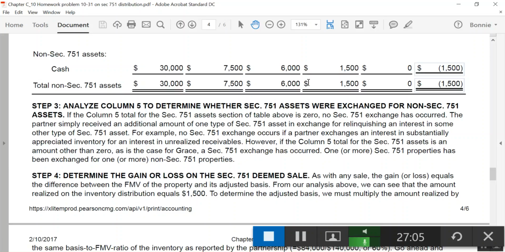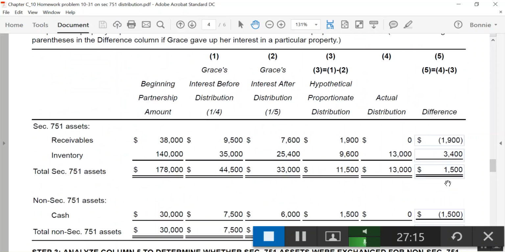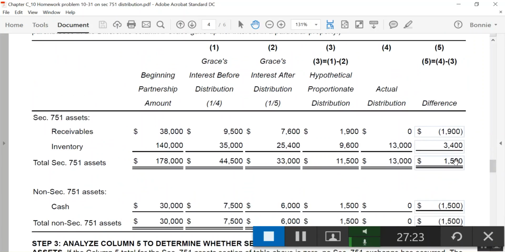And if column 5 in the total for the 751 asset section above is 0, so if this total right here is 0, then we don't have a 751 exchange, because all that would mean, if we had a 0, it would mean in order to get a 0, this would have to be negative 1,900 and this would have to be positive 1,900, for instance, or negative 3,400 and positive 3,400 in order to have a 0 in the total.